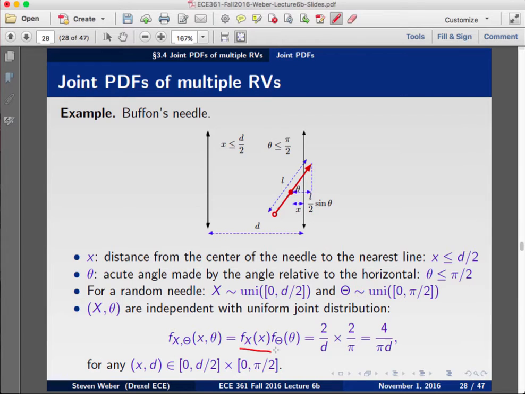Likewise, the PDF for theta is uniform over 0 to pi over 2, and therefore the PDF of any value theta in that support is 2 over pi. Multiplying those two PDFs together gives you the joint PDF 4 over pi d. And that's the joint PDF for any x and theta, where x is in 0 to d over 2 and theta is in 0 to pi over 2.